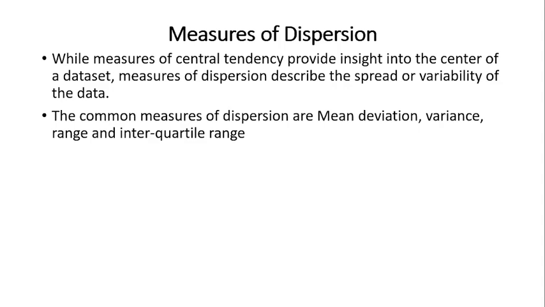While measures of central tendency provide insight into the center of a data set, the measures of dispersion describe the spread or variability of the data. It describes how the data spread. So the common measures of dispersion are the mean deviation, the variance, the range, and the interquartile range.